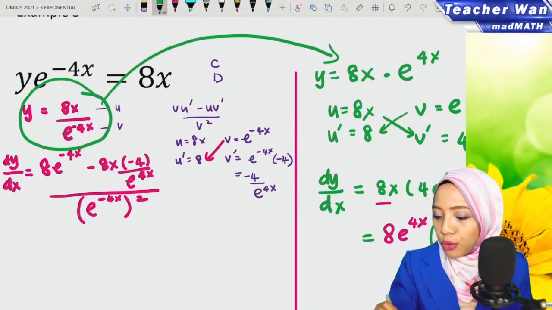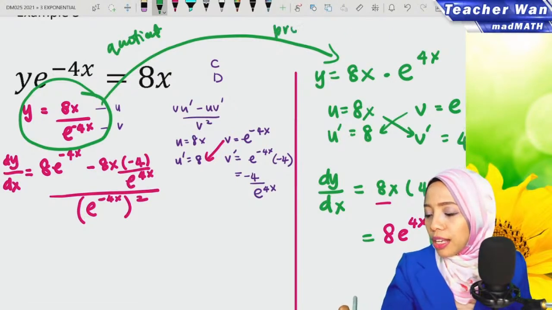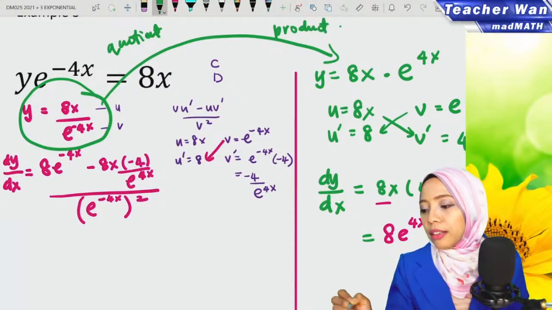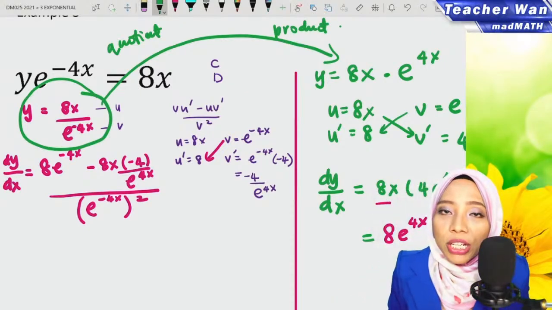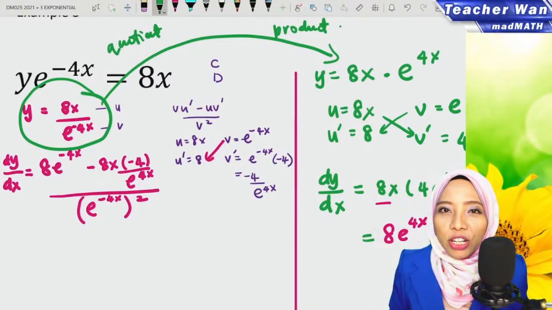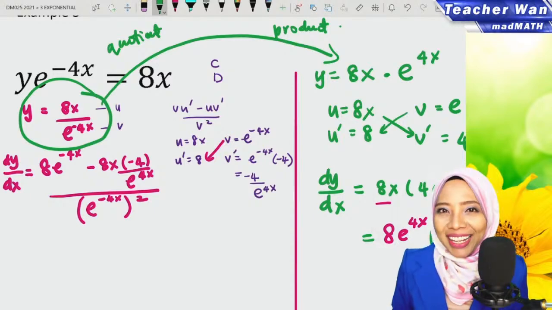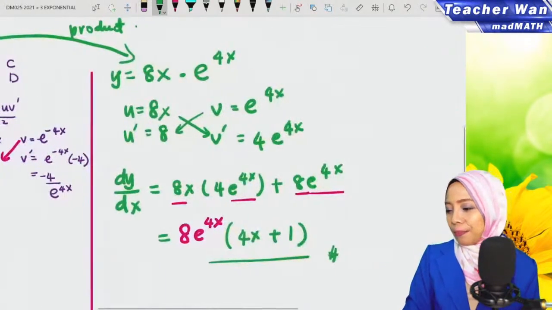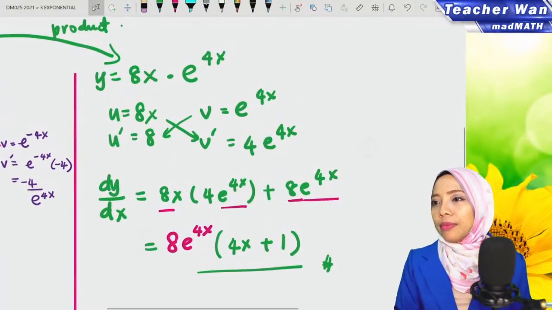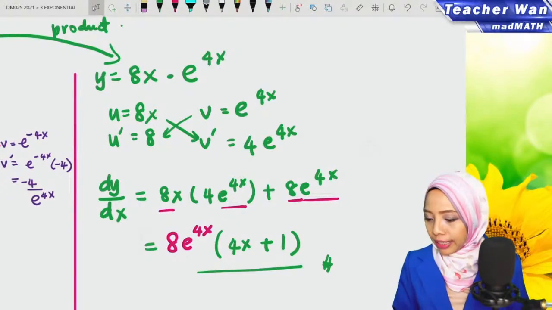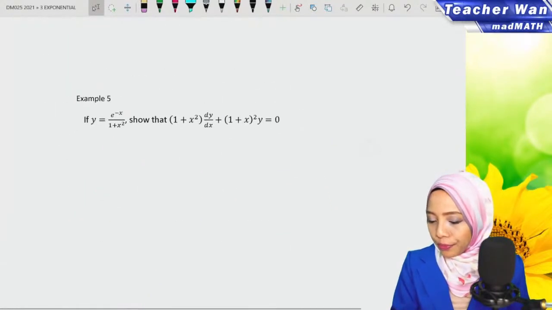So instead of using quotient rule, it becomes a lot easier when you use product rule. That's why when you get the question, you don't straight away differentiate. You modify the question first, okay? All right. Okay, let's continue.